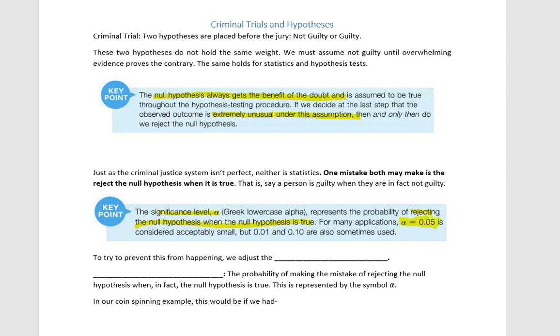So if this was a criminal trial, I only want to say you're guilty if I'm 95% sure you're guilty or more. That means that I only want to say you're guilty if there's only a 5% chance that you're not guilty.